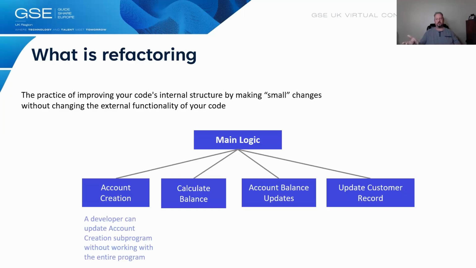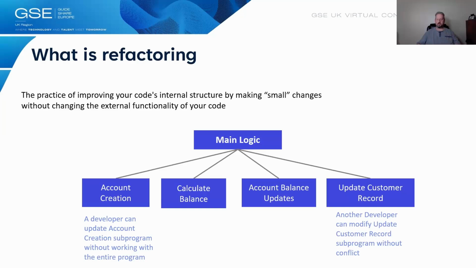A developer can update the account creation subprogram without having to check out the entire program. Using the same example, another developer can make changes to update customer record without checking out the entire program. The functionality of my program hasn't changed, but I've broken it down into multiple pieces.